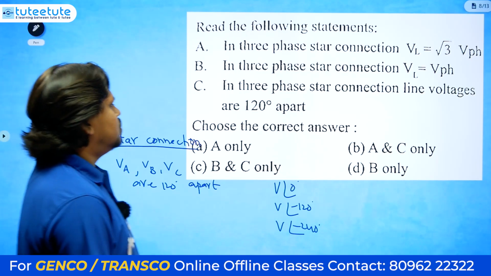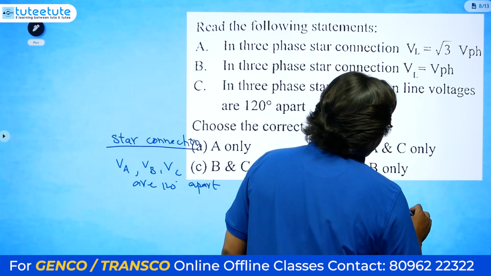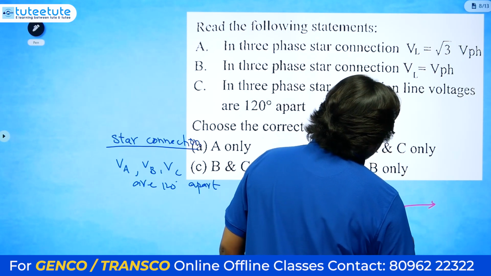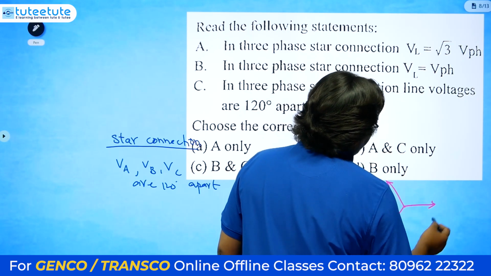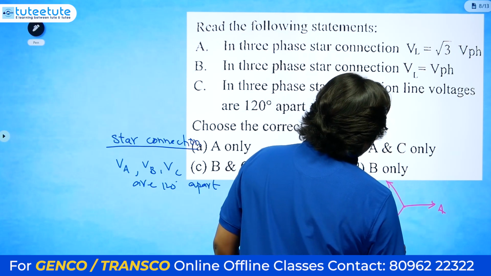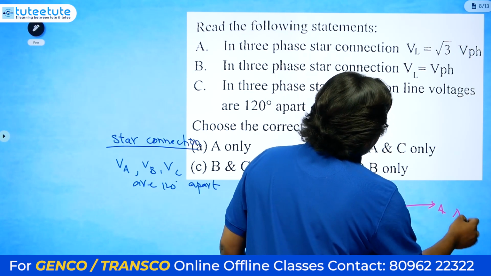If you want, you can draw the vector diagram: this is A phase, this is B phase and this is C phase, with the ABC phase sequence.